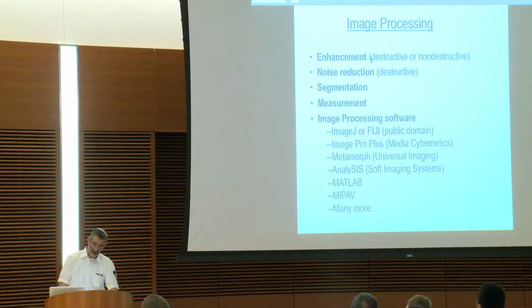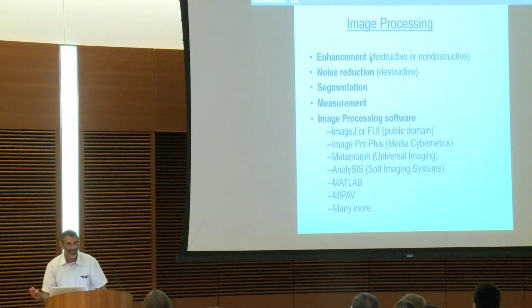I'll say it first. Now, in image processing, you can do anything you want to your images, anything at all. You can put features in there, anything you want. There's only one thing. You have to write what you did, so the next guy down the line, whether it's the referee or the person who's trying to reproduce your work, knows exactly what you did. I fudged the data, yes, but write it so that they know that's what you did.